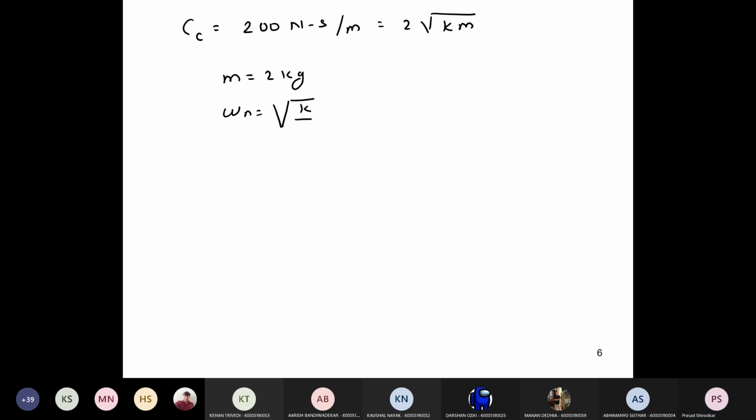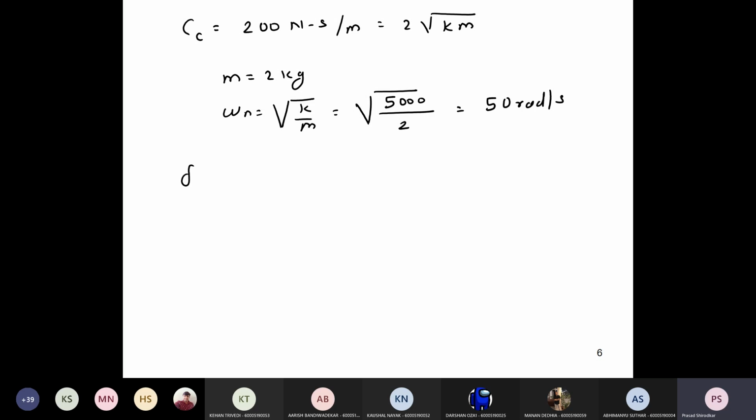Now, critical damping coefficient Cc is given as 200 Newton second per meter. That is equal to 2 root k times m, and m is equal to 2 kg. Omega n is equal to square root of k by m, that is 5000 divided by 2, so that comes out to be 50 radians per second.